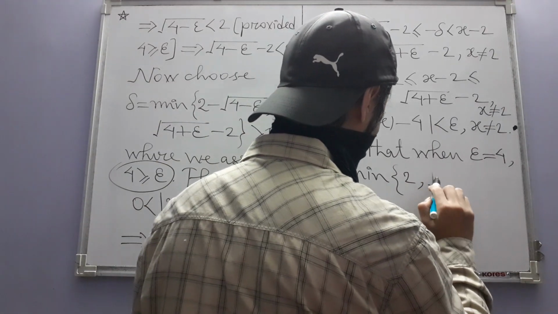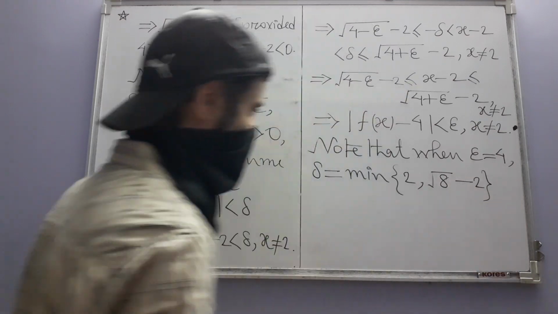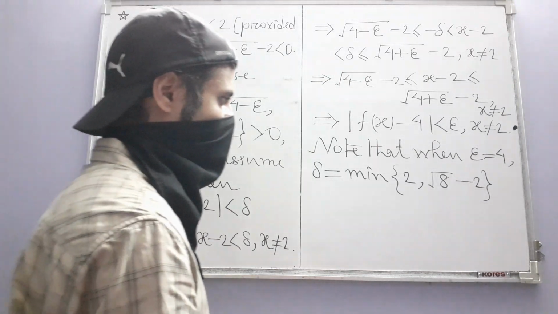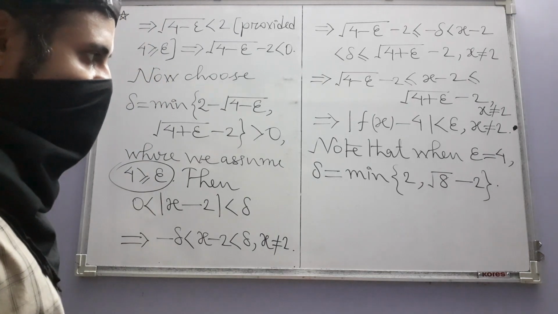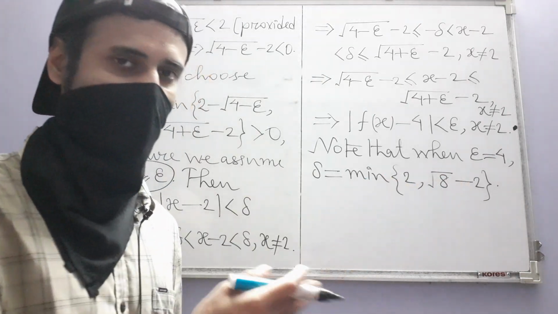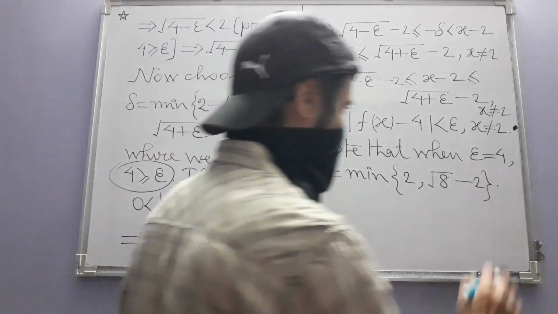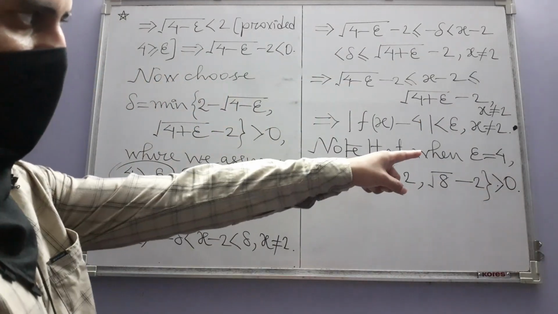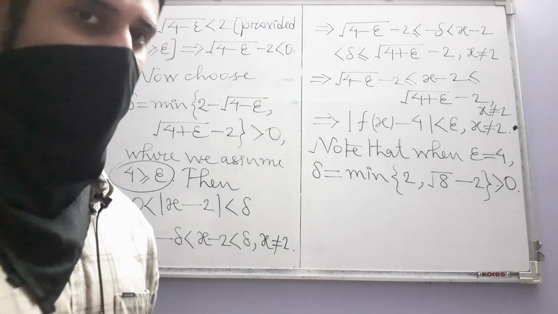Square root of 8 minus 2, which is 2 root 2 minus 2. It is something. Okay. Now the fact that one of them of course will be less than the other, but we need not even know that. We just know that for this specific value of epsilon, this delta works.